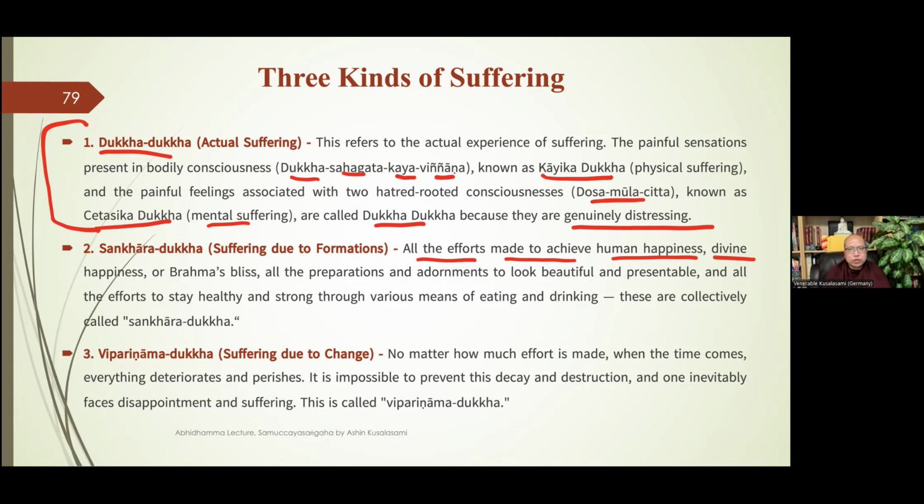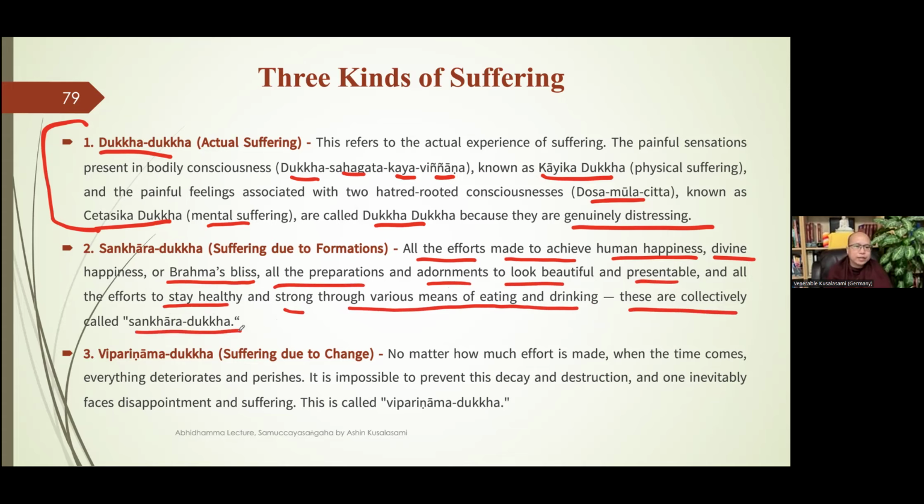And Brahma's bliss too: if you want to be a Brahma in the next life and you practice meditation a lot, that is also sankhara dukkha. All the preparations and adornments to look beautiful and presentable, and all the efforts to stay healthy and strong through various means of eating and drinking, are collectively called sankhara dukkha. Whatever you are doing, that is dukkha.